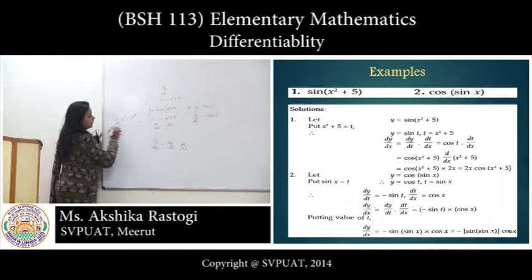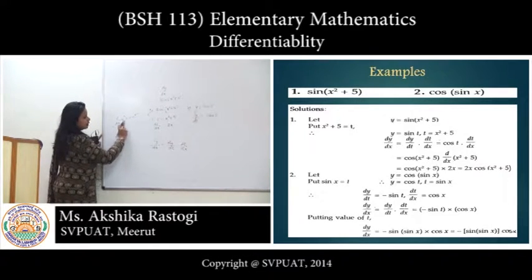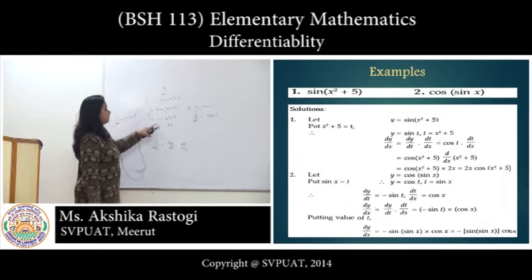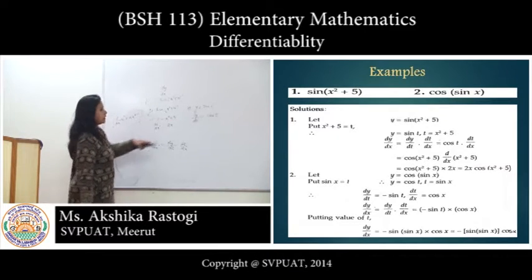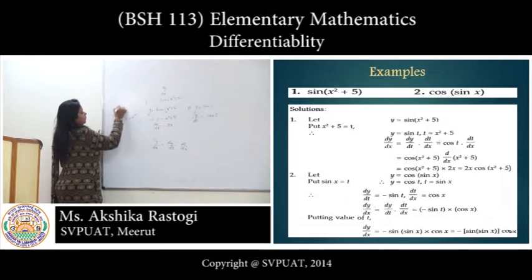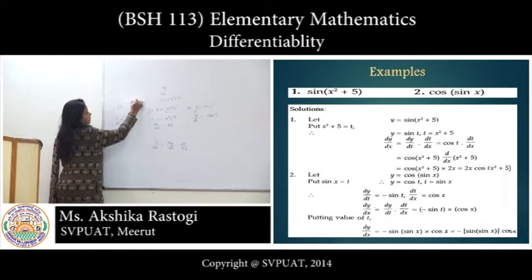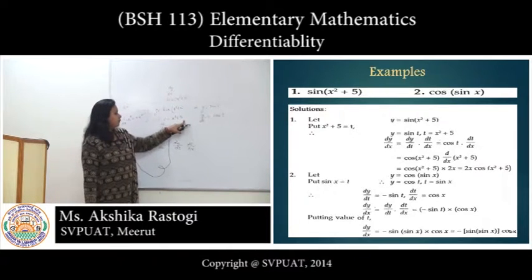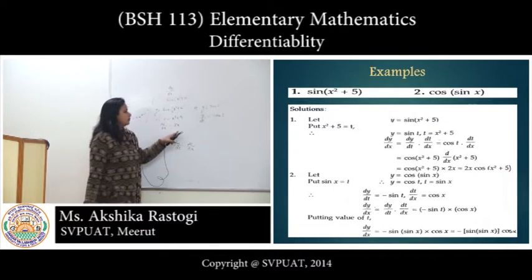Here x to the power 2 gives 2 into x to the power 2 minus 1, that is 2x. The differentiation of a constant is always 0, so because 5 is a constant its derivative is 0, and x square gives 2x.